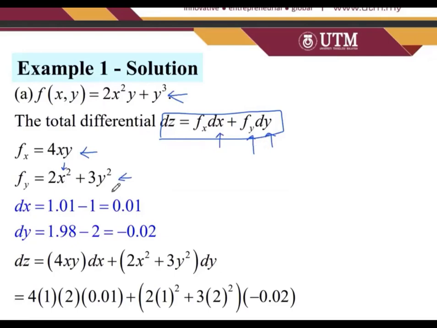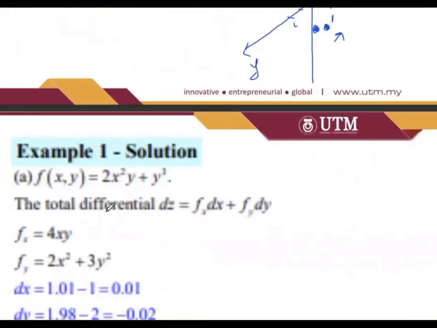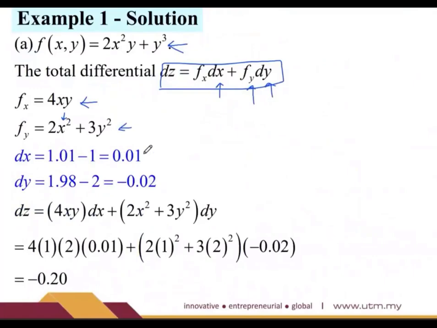Here the second point is 1.01 and the first is 1, so 1.01 minus 1 gives 0.01. For y, 1.98 minus 2 gives negative 0.02. I said you increase the length of x and reduce the length of y, that's why you get negative.